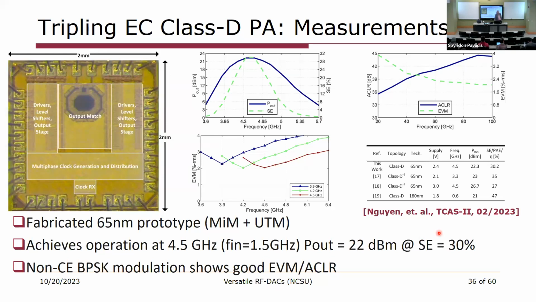We did not add any capability to do linear amplification with this one, so this is constant envelope modulation, BPSK. We get pretty good EVM and ACLR performance. We compare this to some other work in the same space, and we have pretty favorable numbers, considering that we're getting a 4.5 gigahertz output but only switching at 1.5 gigahertz at the input.